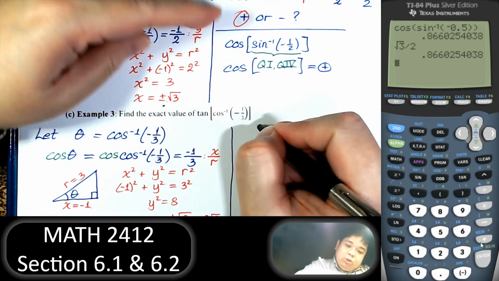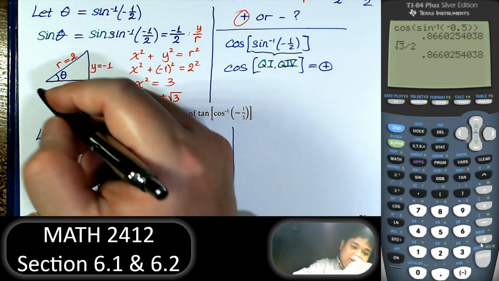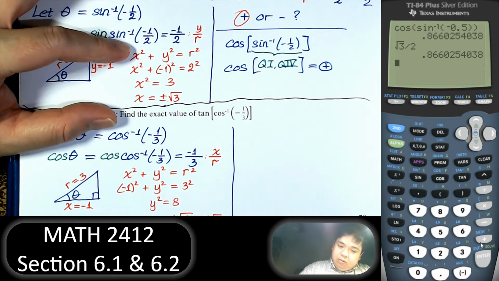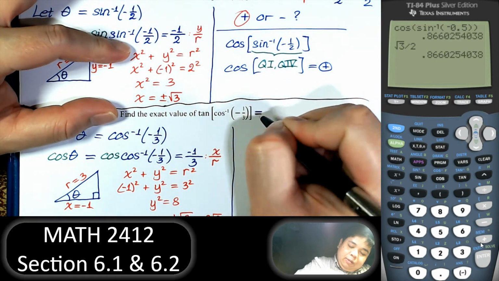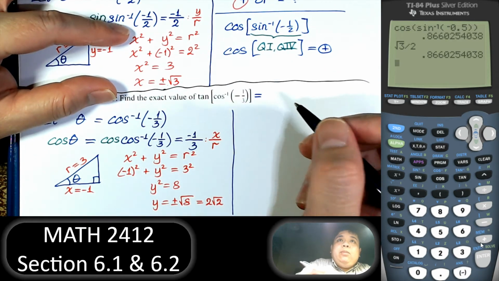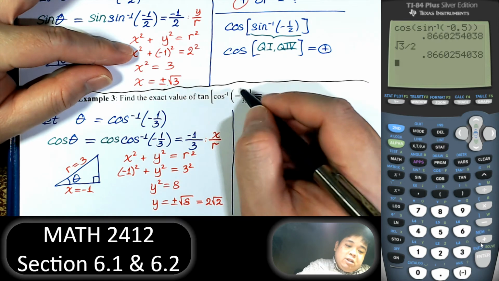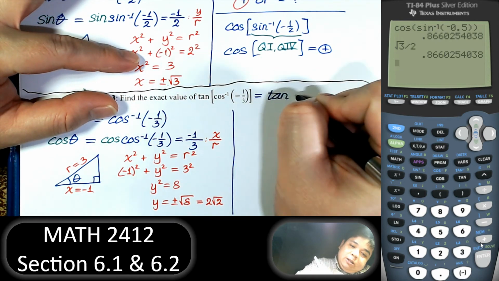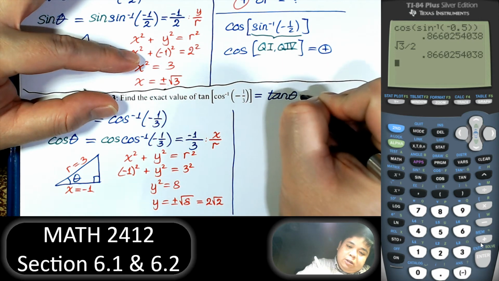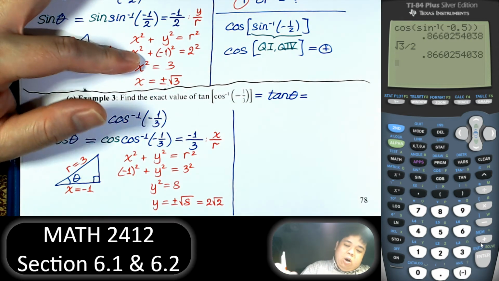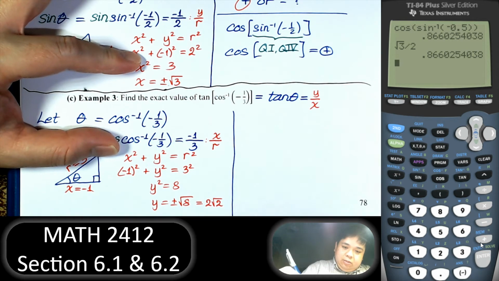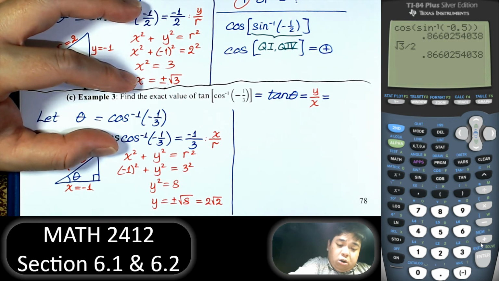Now we go back to the trig function. Tangent of cosine inverse is tangent of theta. Tangent is y over x. So this will equal what?